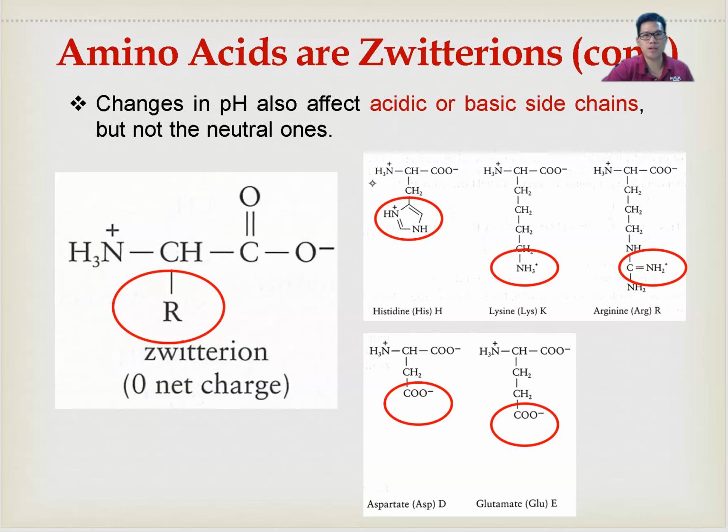That is not a property of a zwitterion. A zwitterion is when we don't consider the R groups, and only consider the NH3 plus and the COO minus forming a net zero charge. When the R group comes into place, we don't call it a zwitterion. The R group may have an effect on the overall charge, leading the whole amino acid to obtain a net negative charge or a net positive charge.